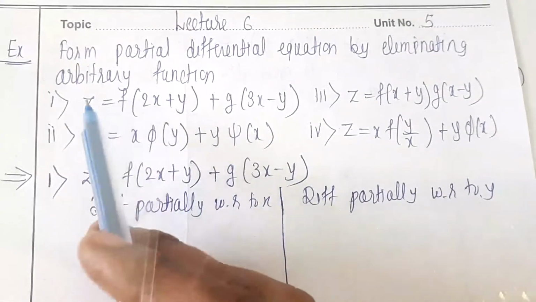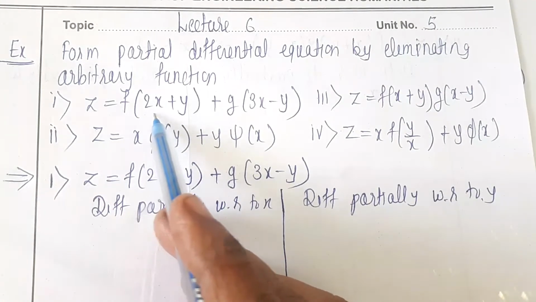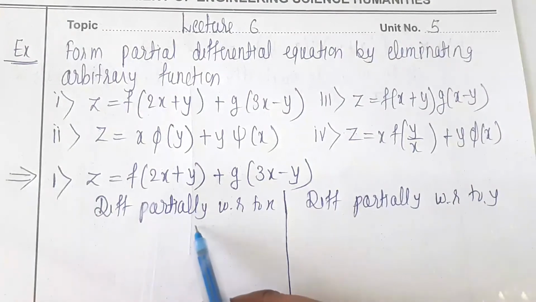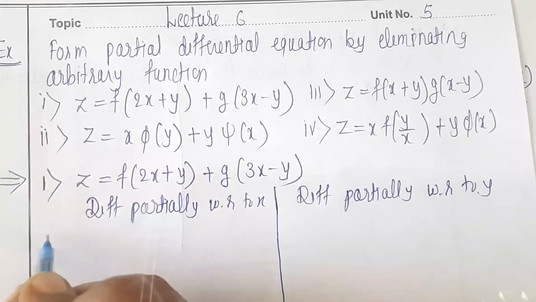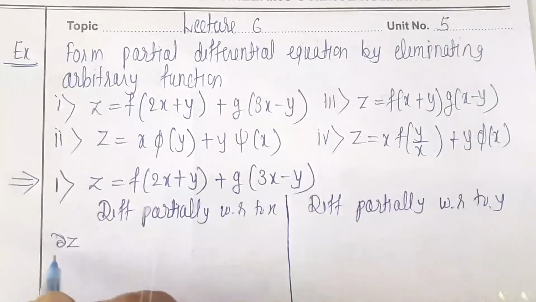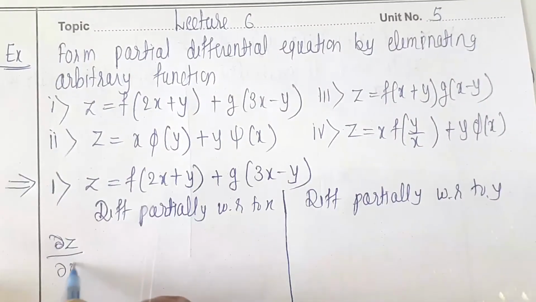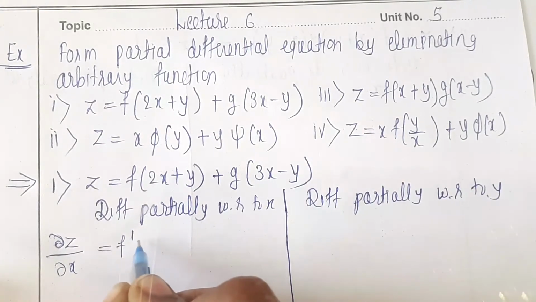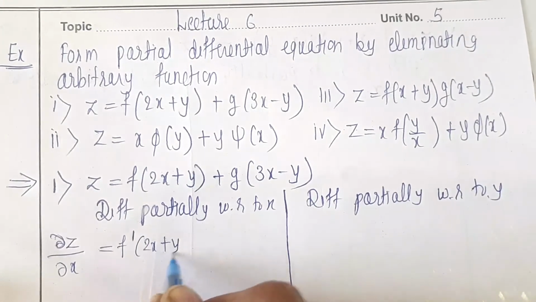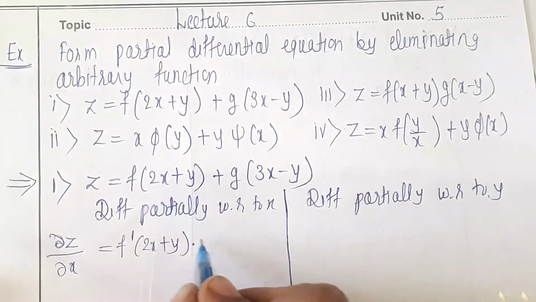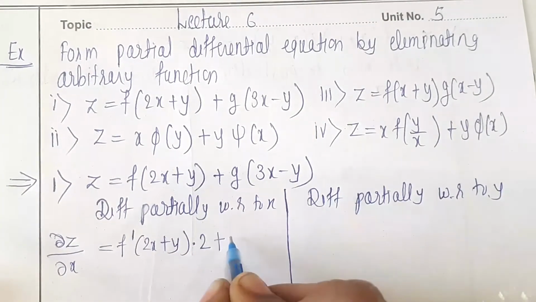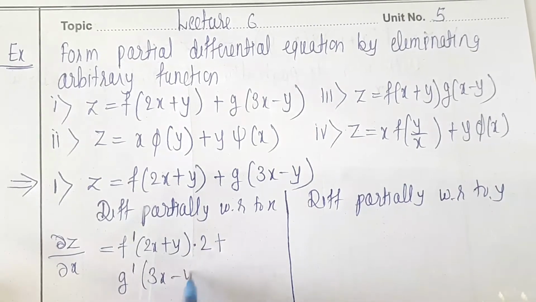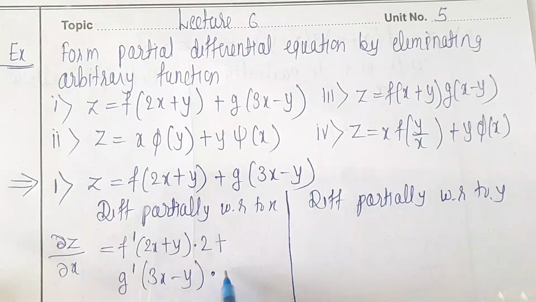We see the first question, that is z is equal to f of 2x plus y plus g of 3x minus y. So here differentiate partially with respect to x. What is del z by del x? Del z by del x is equal to the derivative of f of 2x plus y, which is f dash of 2x plus y multiplied by the derivative of 2x plus y with respect to x, which is 2, plus g dash of 3x minus y multiplied by the derivative of 3x minus y, which is 3.